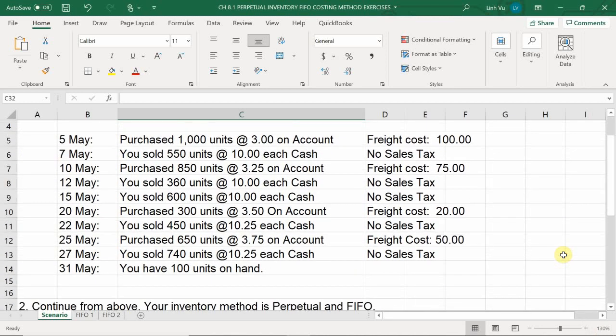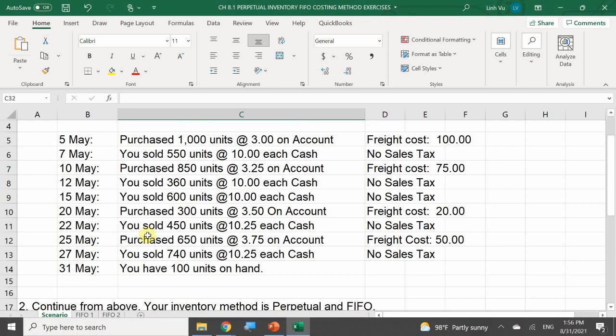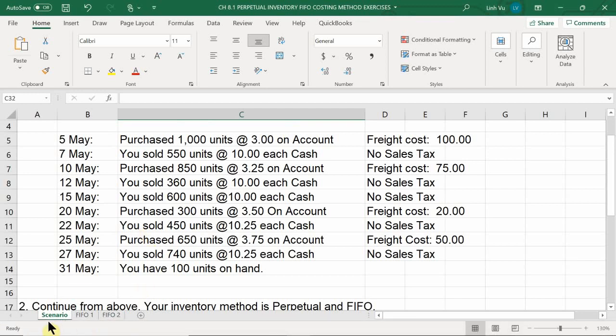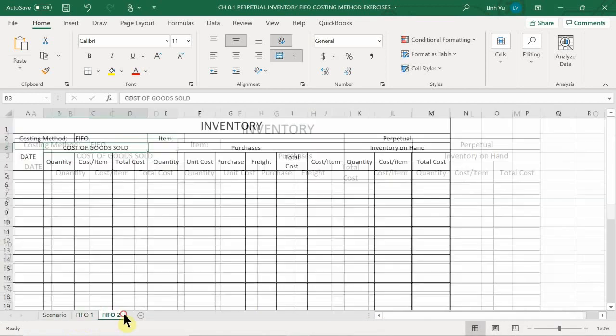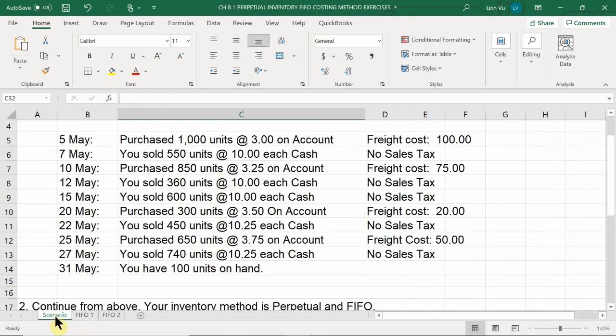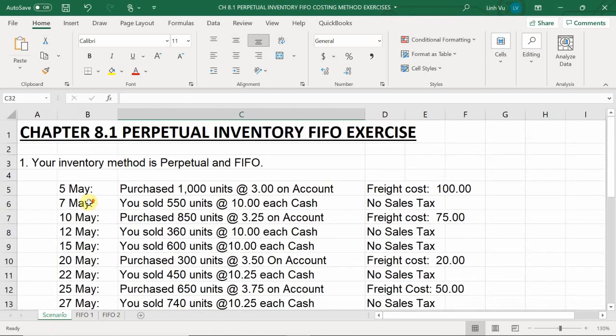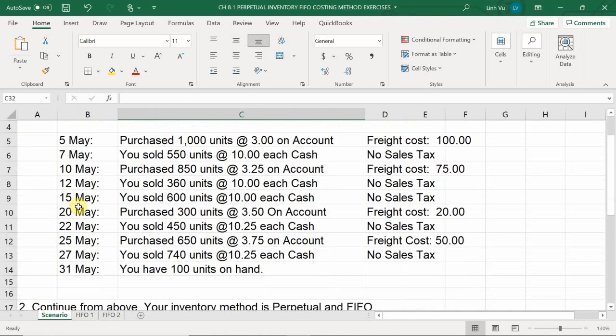On May 5th, you purchased 1,000 units at $3 on an account. Freight costs $100. I do not have you practice the journals, because I just want you to practice using the worksheet. So no journalizing here, okay?